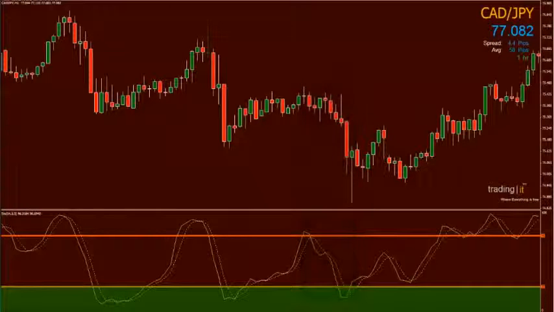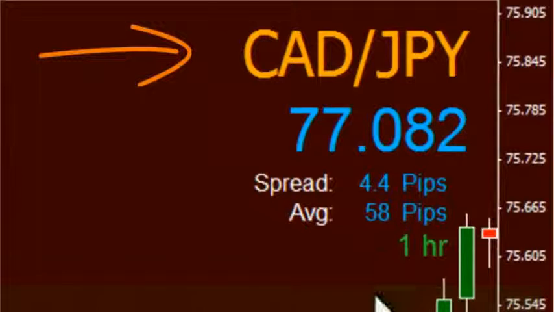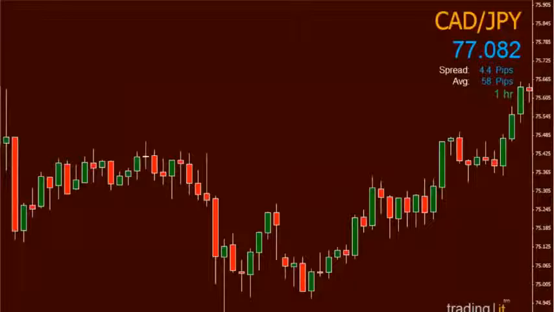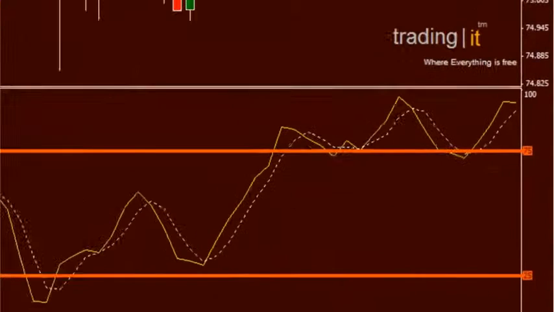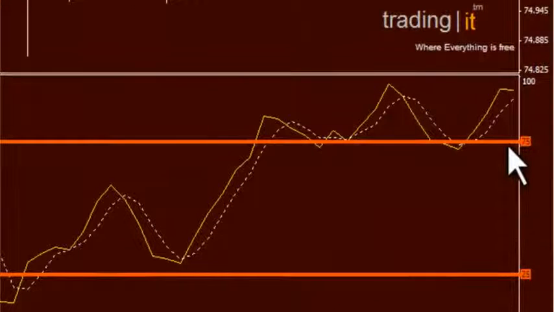Let's take a look at the live market. In this case, let's focus on the currency pair of the Canadian yen on a 1-hour time frame. On this chart, the values we have selected to use is 75 for the overbought status, which is highlighted by this line in this area, and 25 for the oversold area, which is represented by this line here in the upper area.